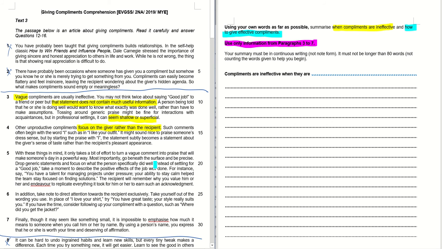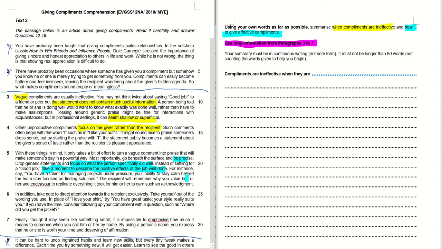Most importantly, go beneath the surface and be precise. Be precise about what? Focus on what the person specifically did well. Instead of settling for a good job, take a moment to describe the positive effects of the job well done. So am I going to highlight the good job example? No. But I'm going to highlight, take a moment to describe the positive effects of the job well done.